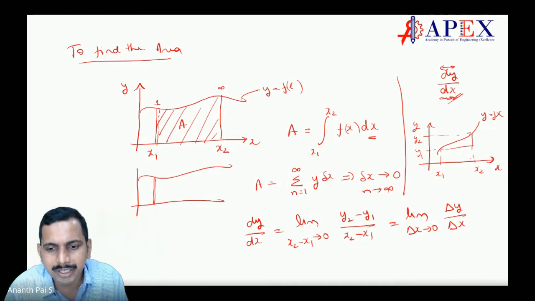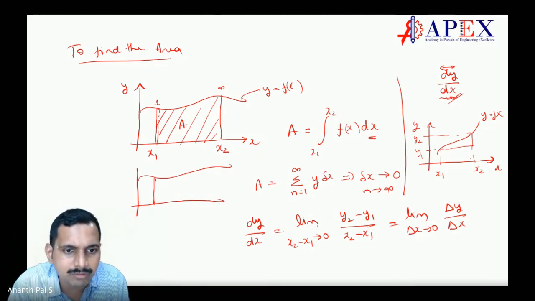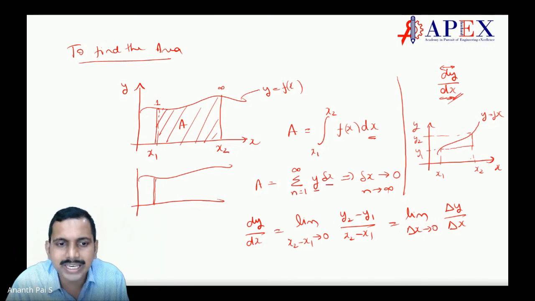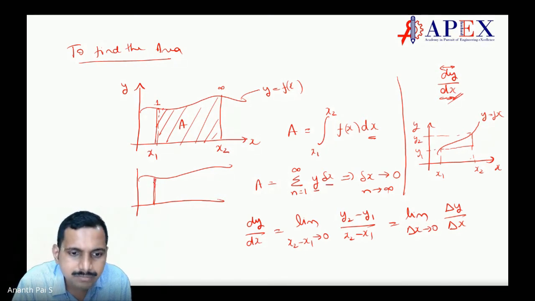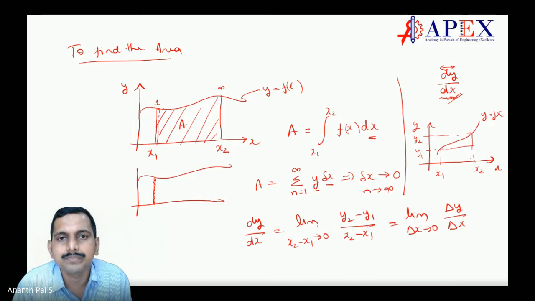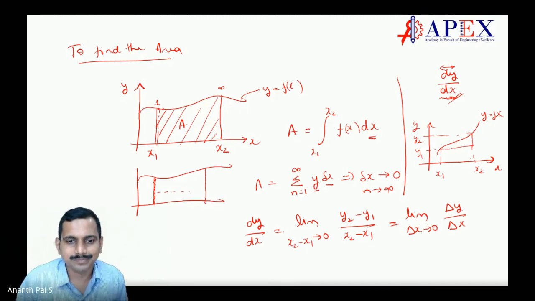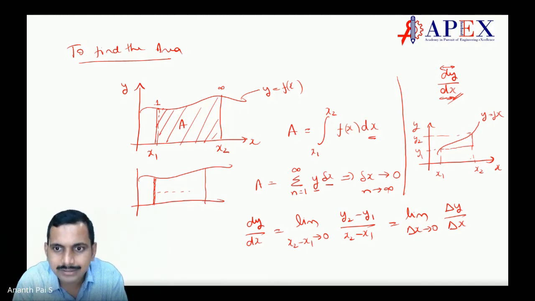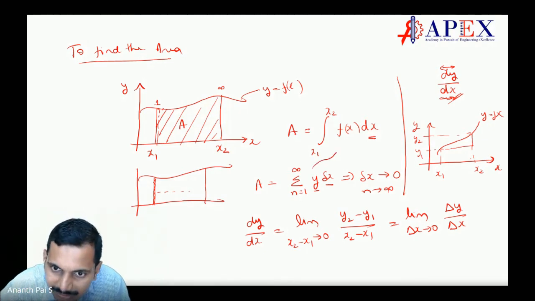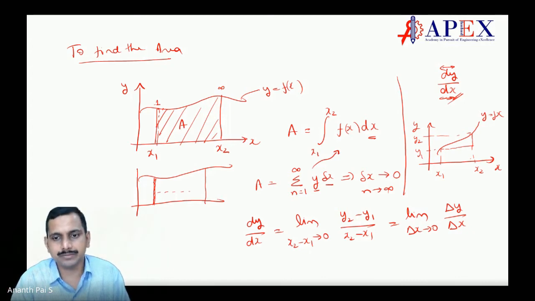Because every time y is different: for slice 1, y is different, for slice 2, y is different. So y into delta x gives the area of the slice. Make sense? And this area of the slice, we have to add it up till here. That is the definition of integration. Make sense?